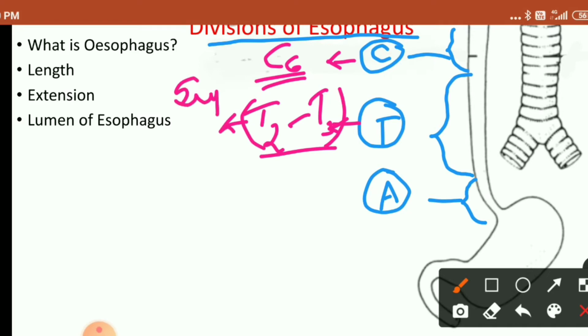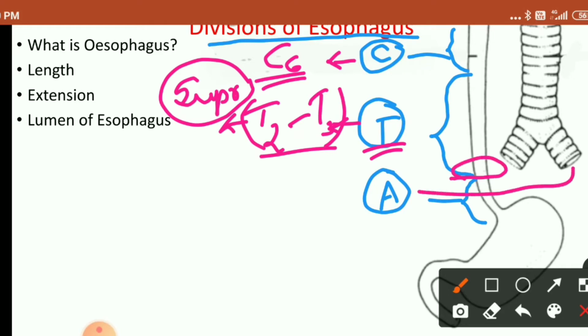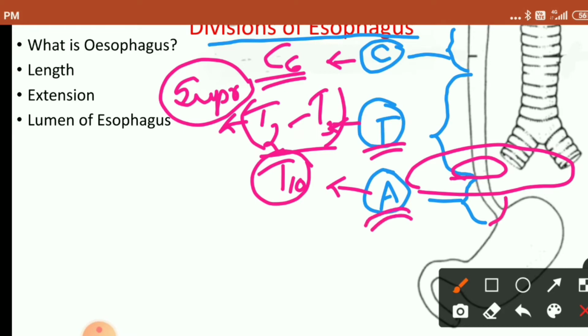This is a very important landmark, the suprasternal notch acts as a landmark for the starting point of the thoracic part of the esophagus. Then it moves downward and crosses the diaphragm through the esophageal hiatus at the level of T10 vertebra, and from this level to the cardiac orifice we have the abdominal part.